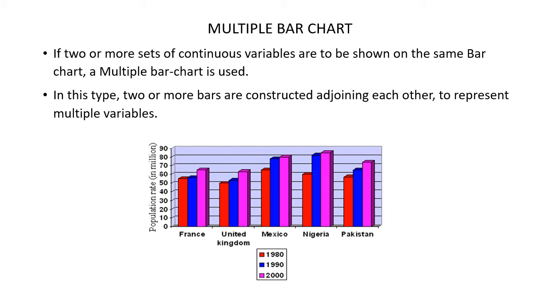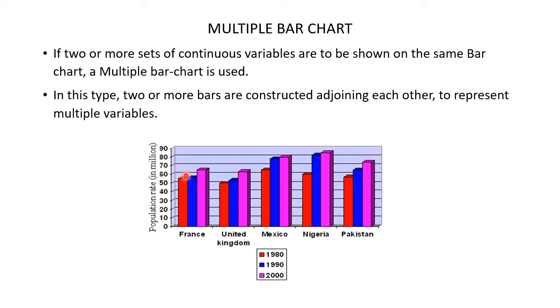Now, as you can see, the population in France in 1980 corresponds to the number 55 here, that is 55 million. So there were 55 million people in France in 1980. Now this blue bar, which represents the population rate in 1990, corresponds to the number 58 here.